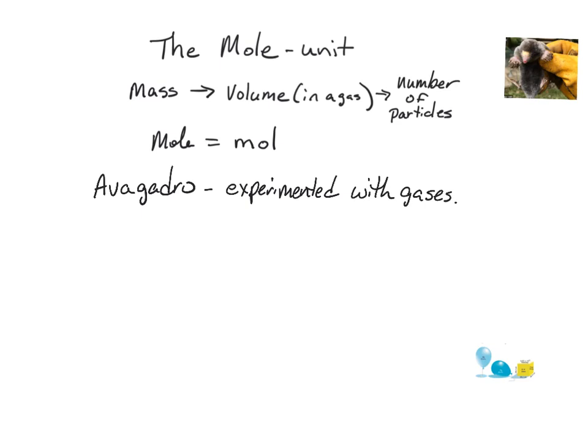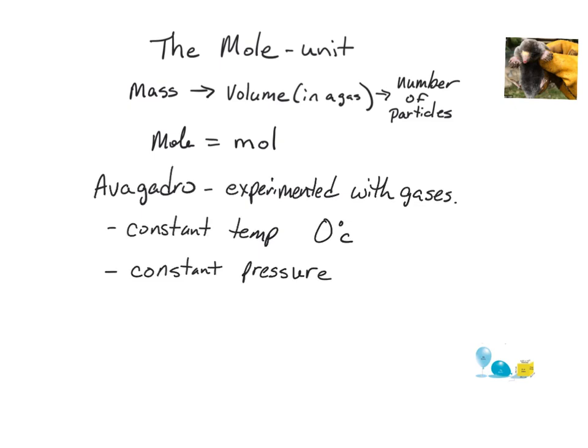And what he found is that if you had gases at a constant temperature, which was 0 degrees Celsius, and a constant pressure outside the container, and this would be the air pressure, and that was going to be 1 atmosphere. So basically, at sea level, and the atmosphere is abbreviated ATM. So we have a constant temperature, a constant pressure.